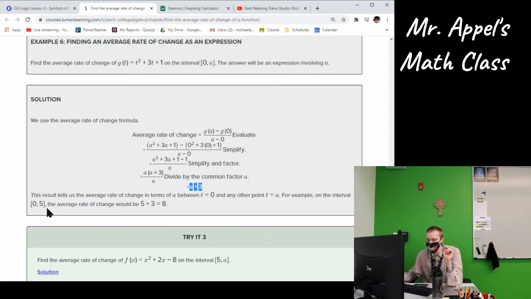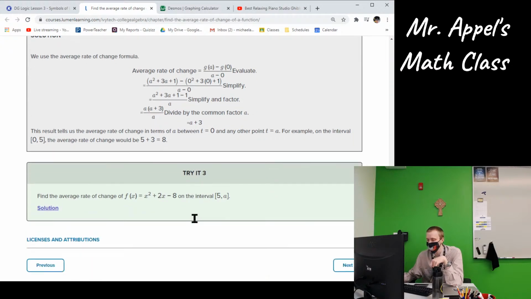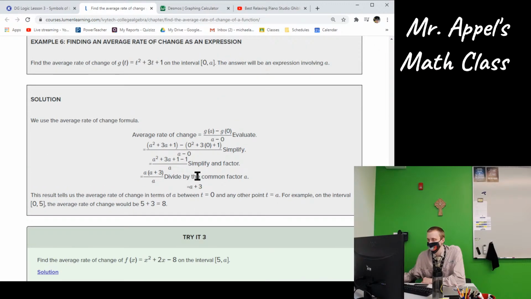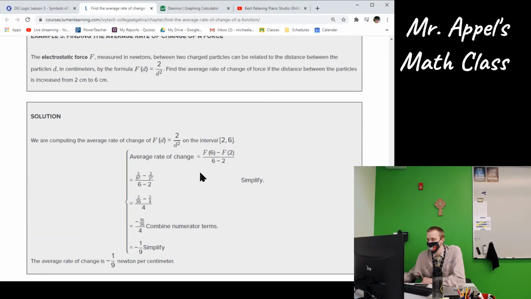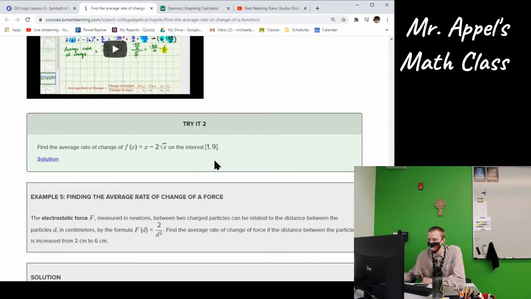Right? On the interval 0 to 5, the average rate of change would be 5 plus 3, 8. Right? And that's kind of neat to get an expression for the average rate of change. So number 3 is the challenge question. Try it anyways. See if you can do it. Yes, the solution is available there on the website if you need to check. But I want to see your work, what you can do without.